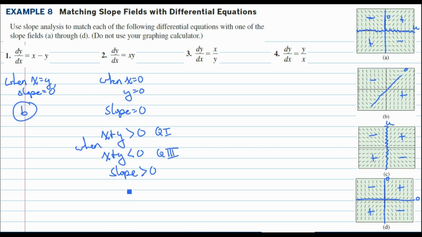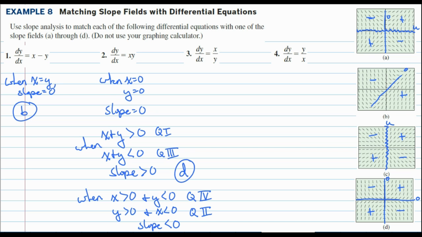If x and y are both positive, so quadrant 1, or when x and y are both negative in quadrant 3, the slopes are positive. So 1 and 3 have positive slopes. Yep, still D. And when x and y have opposite signs, so quadrants 4 and 2, the slope is negative. So yep, that looks like slope field D to me.